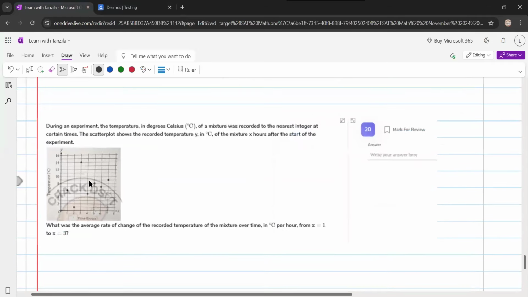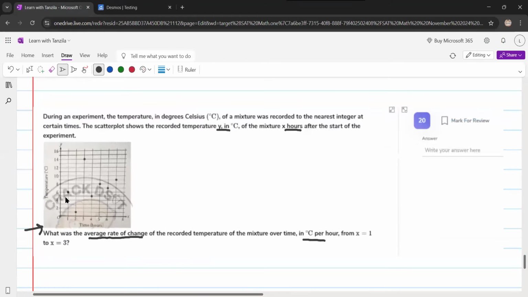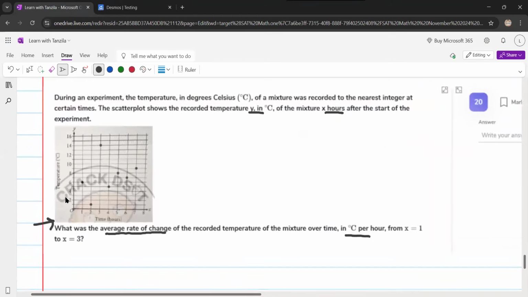Okay, we have this next one. The scatter plot shows the recorded temperature y in degrees Celsius of a mixture x hours after mixing. What was the average rate of change of the recorded temperature of the mixture over time in degrees Celsius from x equals 1 to x equals 3? 1 is this point here, and 3 is this.